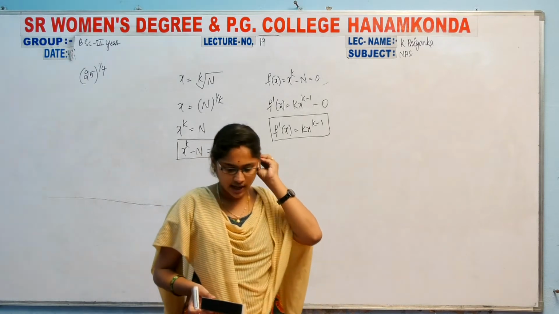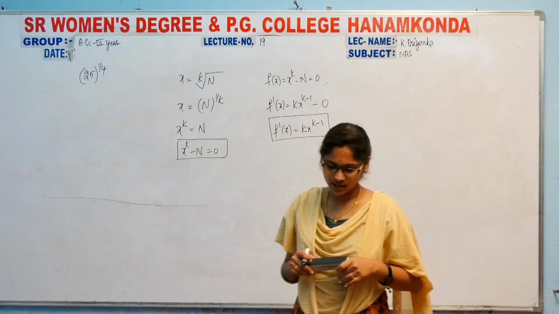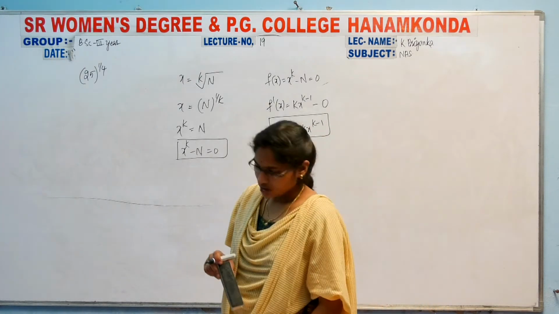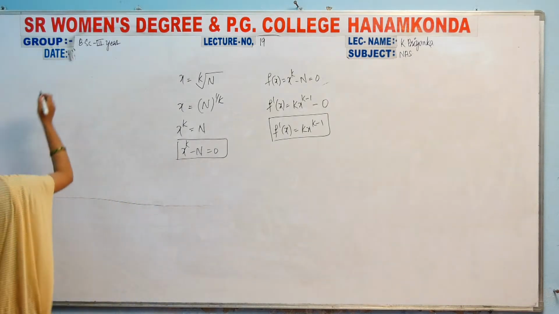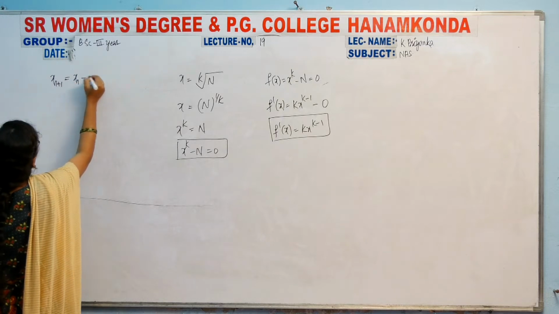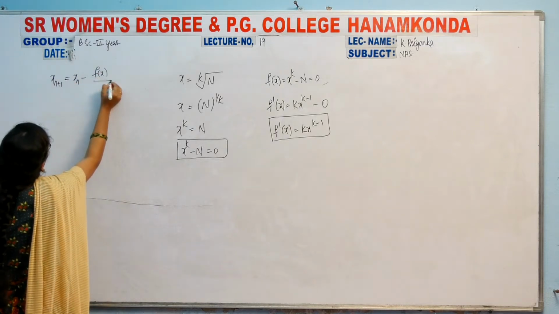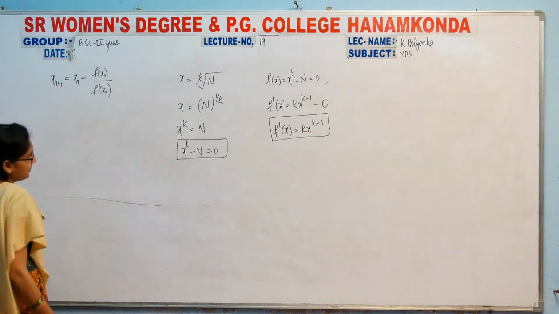Next, write down the Newton's iterative method formula: x(n+1) equals xn minus f of xn by f dash of xn.